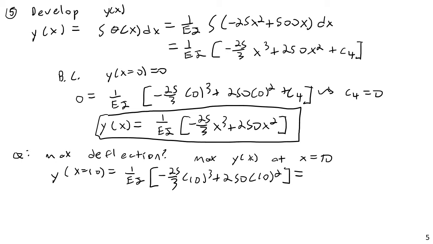And this will produce a final deflection of 16,667 divided by whatever the EI may be. We would have to actually know the E and I of the beam in order to get that.